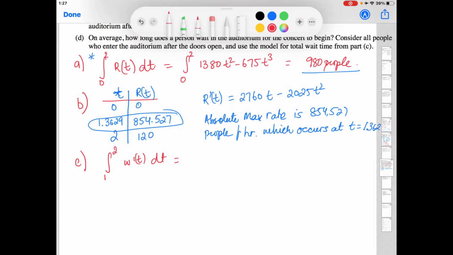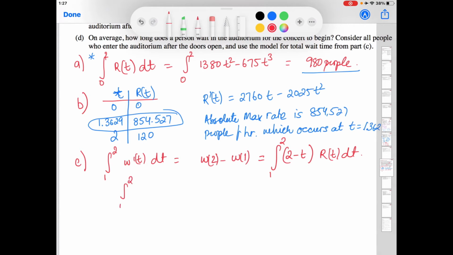Again, this is a calculator question, so you can just put that in the calculator. It's the same thing as writing the integral from 1 to 2 of 2 minus t times r of t dt. So put that into the calculator.